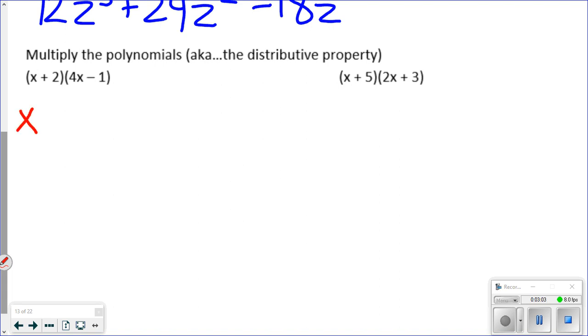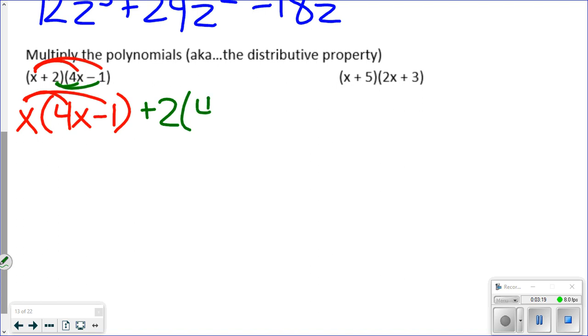This x needs to be distributed to the 4x minus 1. So we need to multiply and multiply. Right? And also, this 2 needs to be distributed to the 4x minus 1. So it would be multiply, multiply.